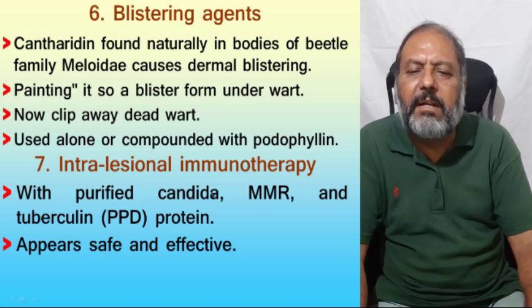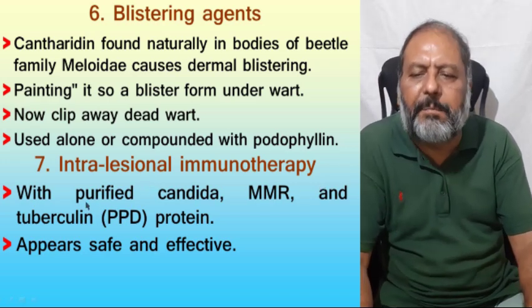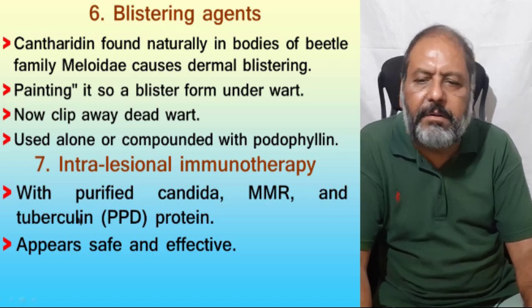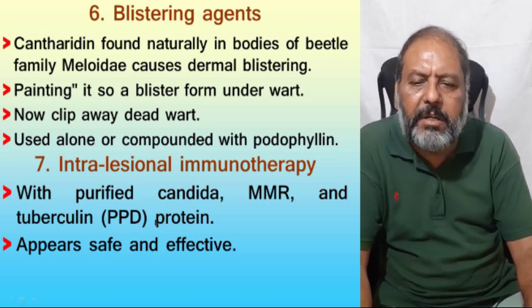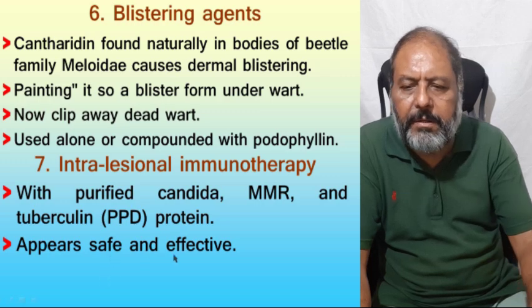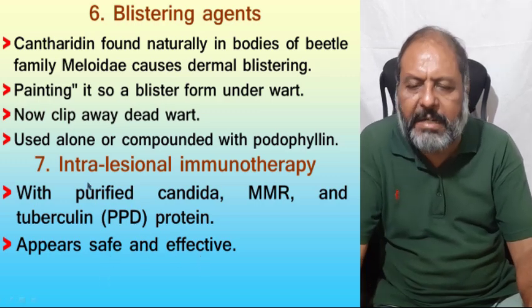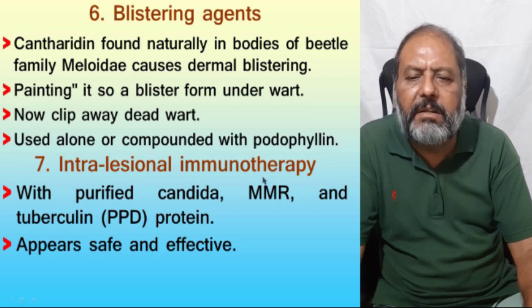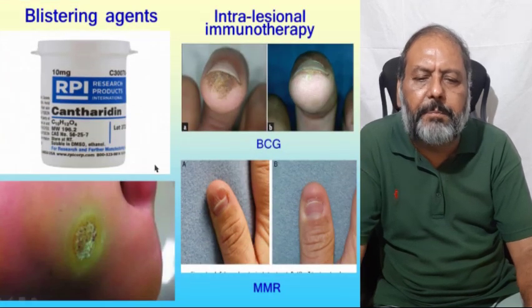Number 7 is intralesional immunotherapy with purified candida, MMR, and tuberculin protein, PPD protein. It appears safe and effective. That can be given into the lesion, so that is called intralesional immunotherapy.